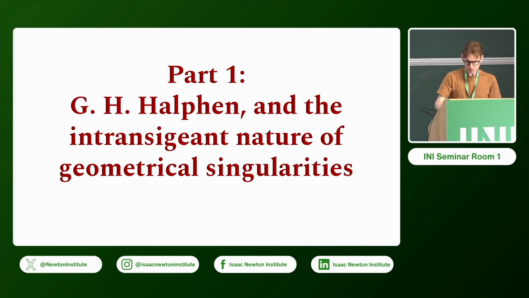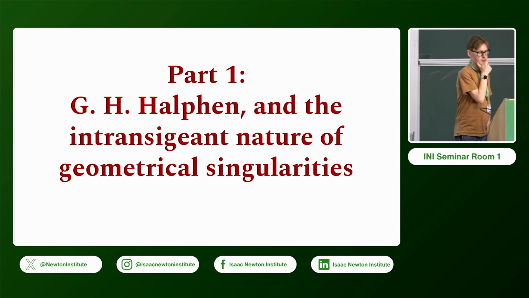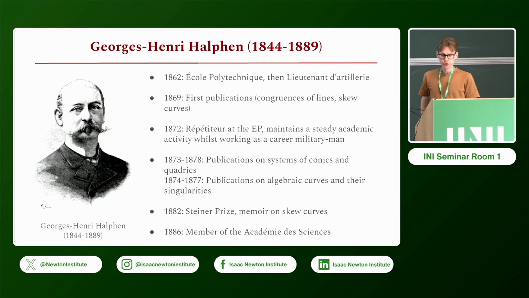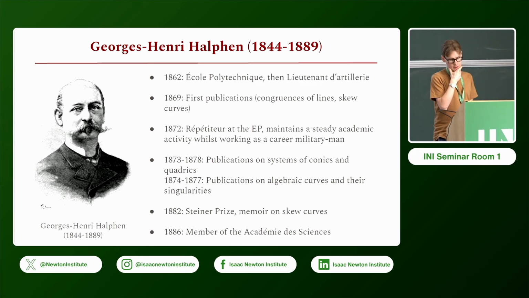modern mathematics. So the first of these two mathematicians is the French geometer and mathematician Georges-Henri Halphen, who was born in 1844 in Rouen, and who died quite young, as you can see, at the age of 45.